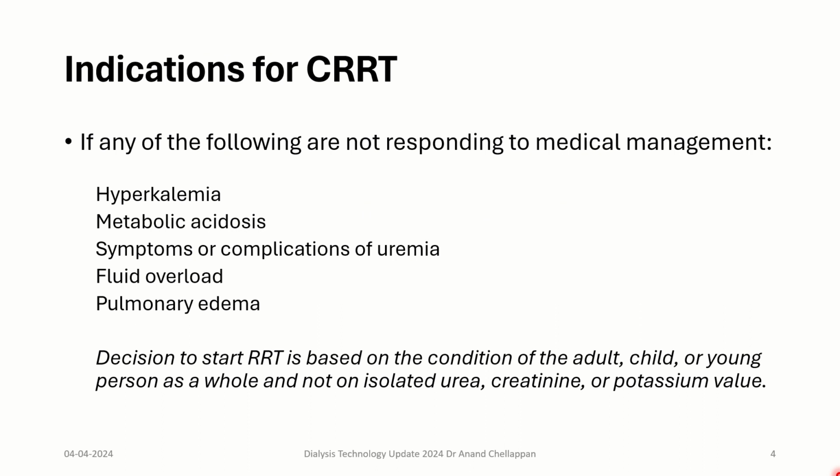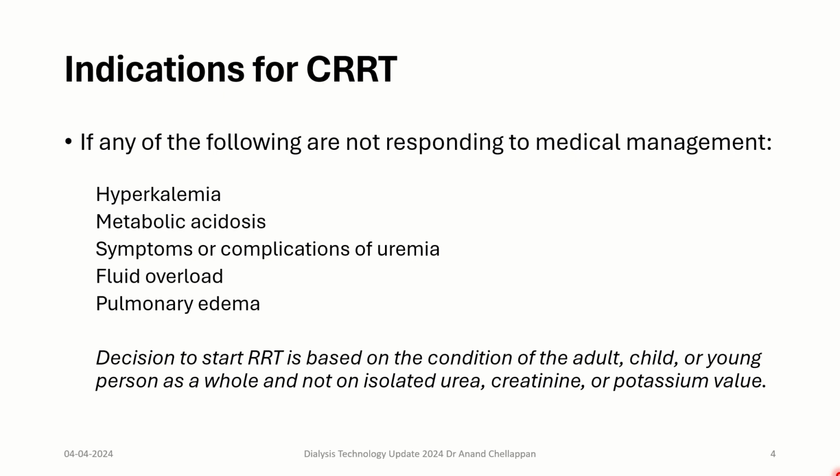Now coming to the indications for performing continuous renal replacement therapy. If a patient is not responding to medical management and has any of the following indications for dialysis, then such a patient has an indication for CRRT, like hyperkalemia or metabolic acidosis or symptoms or complications of uremia or fluid overload or pulmonary edema.